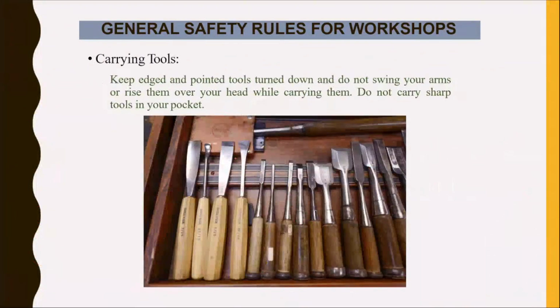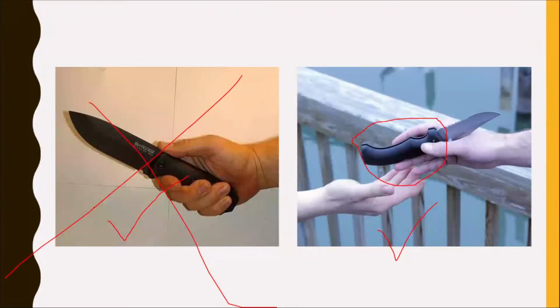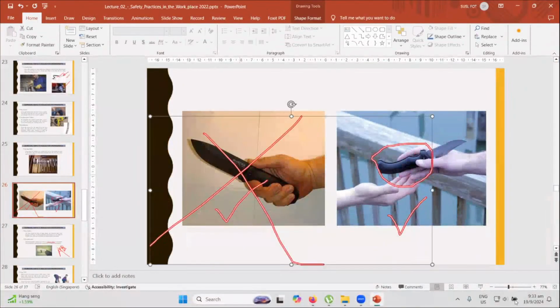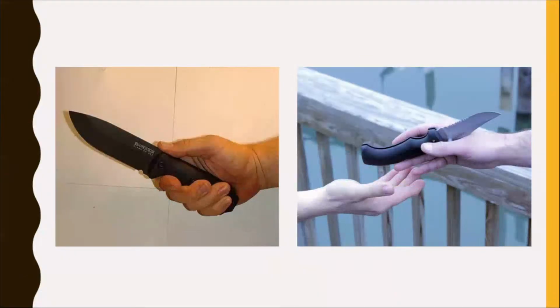So you have to handle these kinds of tools properly to prevent any injuries. And when you're handing over a tool, any kind of tool, right? You have to follow the correct way.